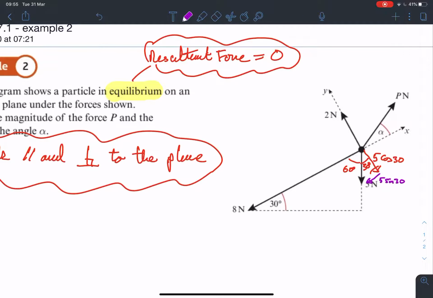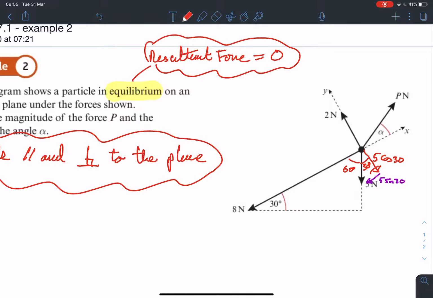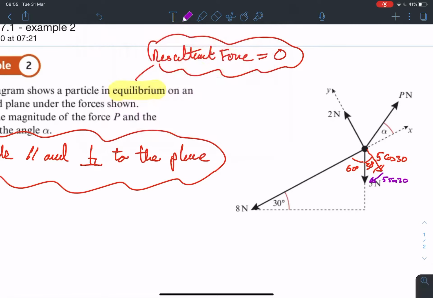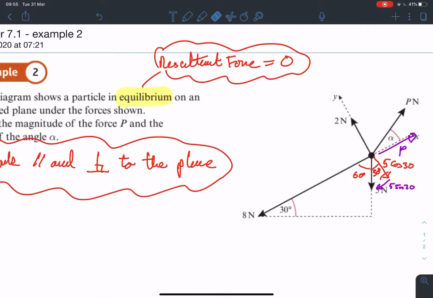Okay, over here we've got P. I'm going to do these in the same colours, so I'm just going to undo that, sorry. So in that direction, this is going to be P cos 30, because that's adjacent to the angle.